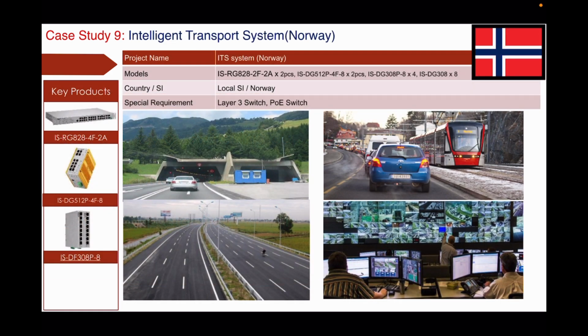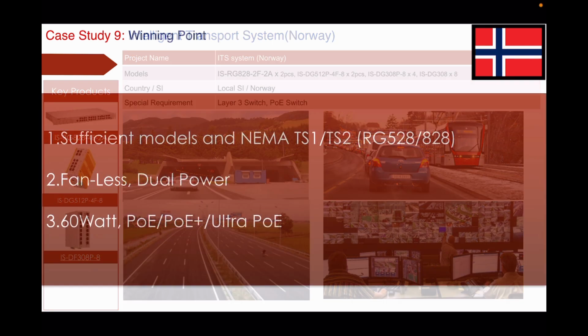Case Study 9, Intelligent Transport System, Norway. Special requirement: Layer 3 switch, PoE switch. Key products: IS-RG828-4F-2A, IS-DG512P-4F-8, and IS-DF30-8P-8.